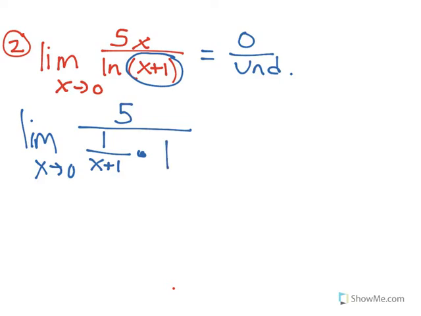Now, I can try to simplify and maneuver things around, but I already know, because I just have a constant on the top, I'm probably going to have an answer. So this is 5 over, I fill in my 0, I get 5 over 1 over 1 times 1, which is 5 over 1, which once again equals 5.